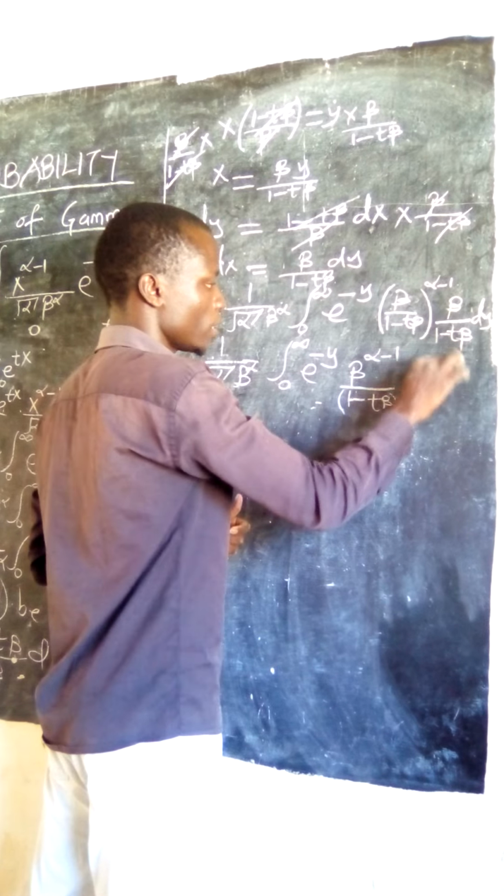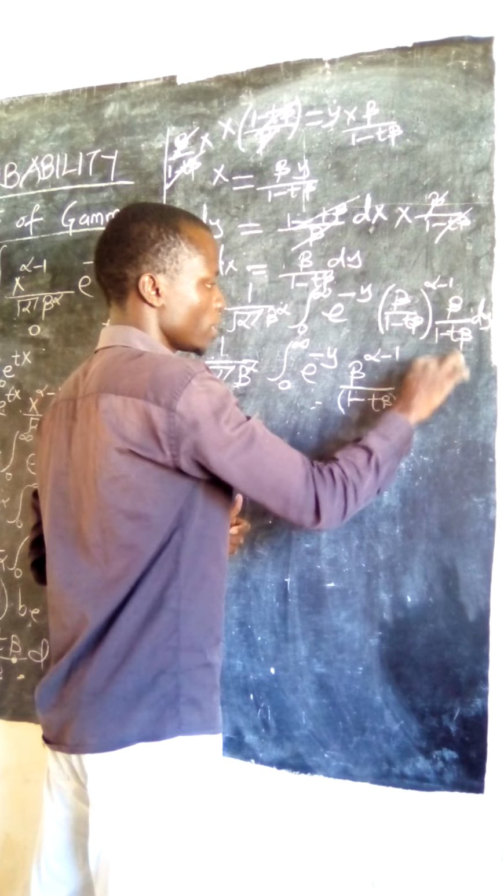Now after reaching there, you are supposed to use the law of indices to solve the contents that I'm having here. Just use the law of indices to solve that. I'll show you. Therefore I'll say that it is 1 over gamma of alpha beta alpha, the integral from 0 to infinity, exponential of negative y.